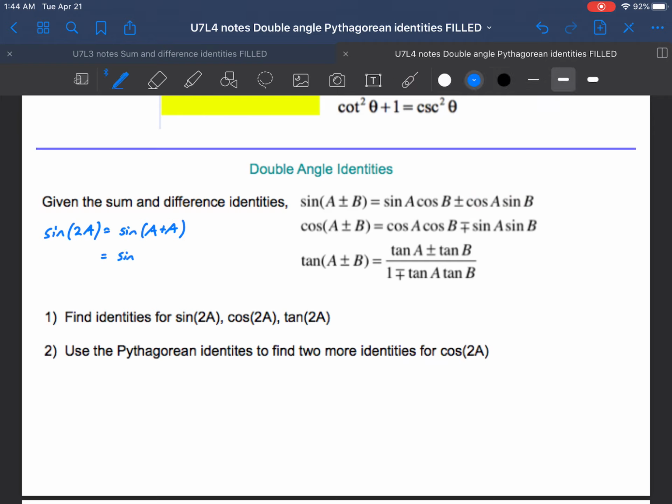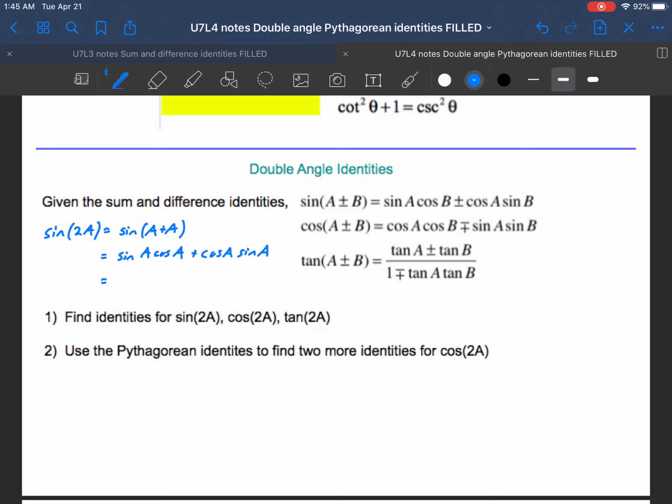So that's really equal to sine a cosine a. It's a little bit weird because this b is actually an a, so wherever we see a b, here and here, we're putting in an a. And then the second part would be plus the cosine a times sine a. Again, because if this is an a, that's got to be an a.